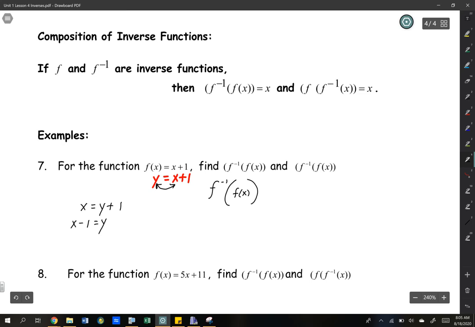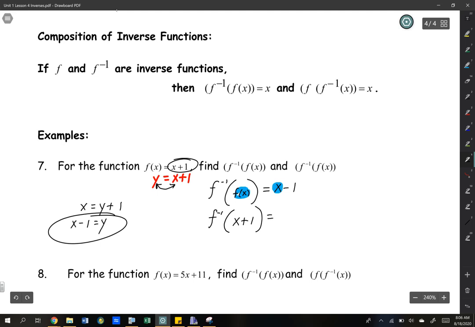So this is saying in the inverse function, which in our case is right here, x minus 1, we're going to replace x with f of x. So let's do that. f of x we know is x plus 1.